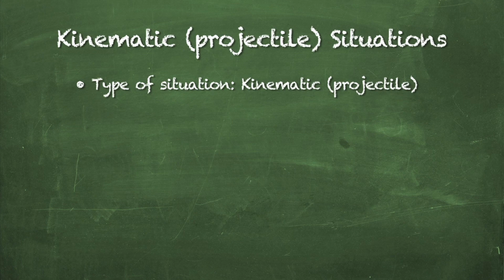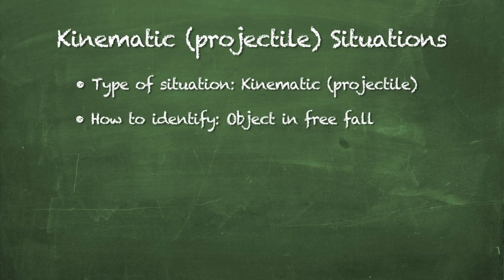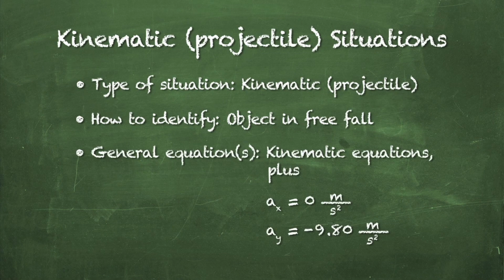Now, a projectile situation is a kinematic situation. And how do we identify a projectile situation? Any situation in which an object is in free fall, which means, once again, that the only force acting on it is gravity, then, for our general equations, we have our kinematic equations, plus we have a little bit extra knowledge.